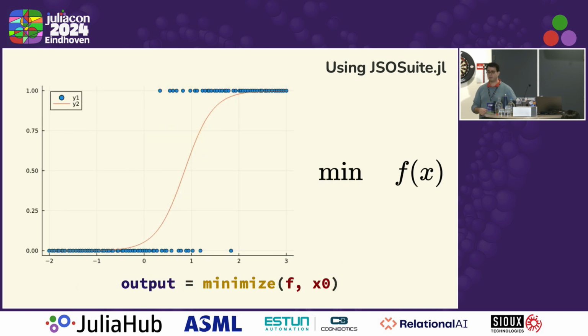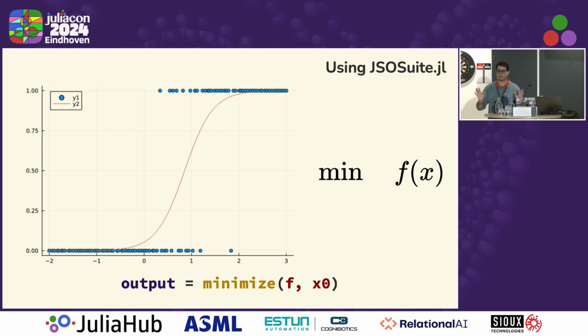So a few examples on how to use JSO Suite. The first one, the simplest example, many people want to solve this: minimize a function. I'm going to try to give some motivation for the non-optimizers in the crowd. You have logistic regression, for instance. Essentially, I want to find this nice red curve that's going to help me classify the points, separating the 0 ones from the 1.